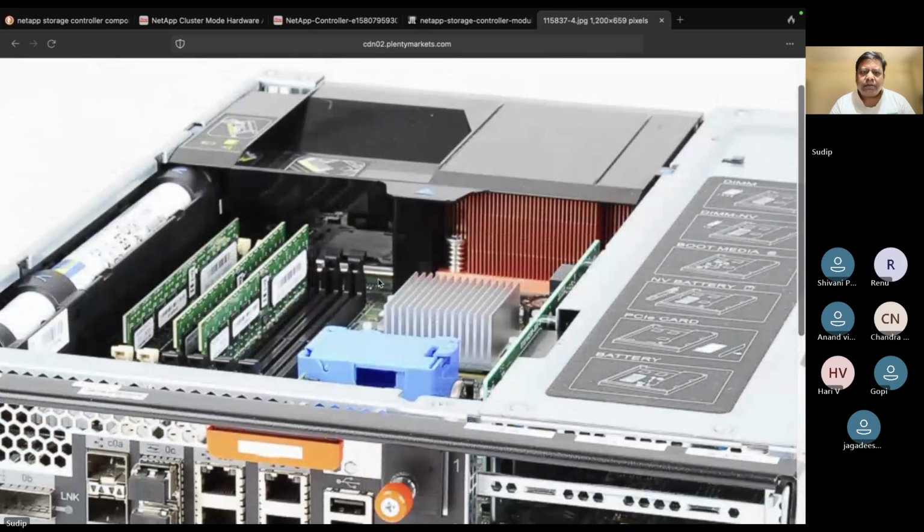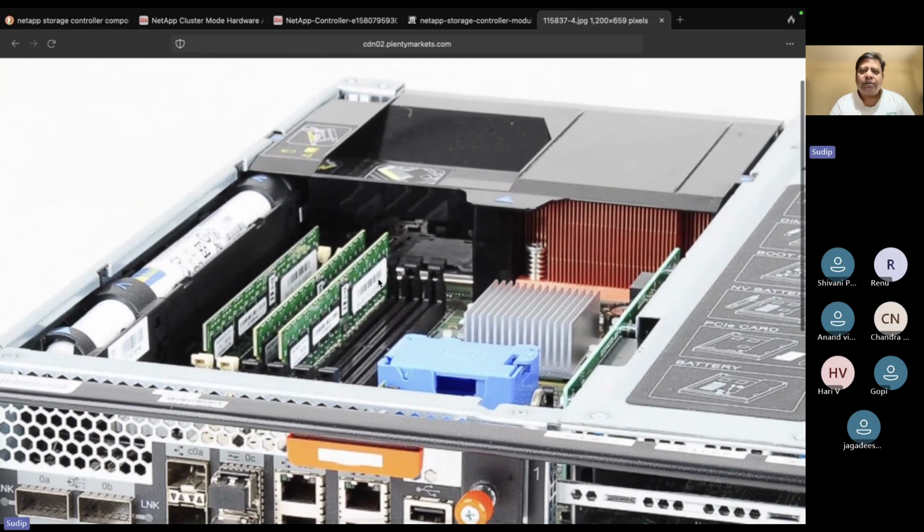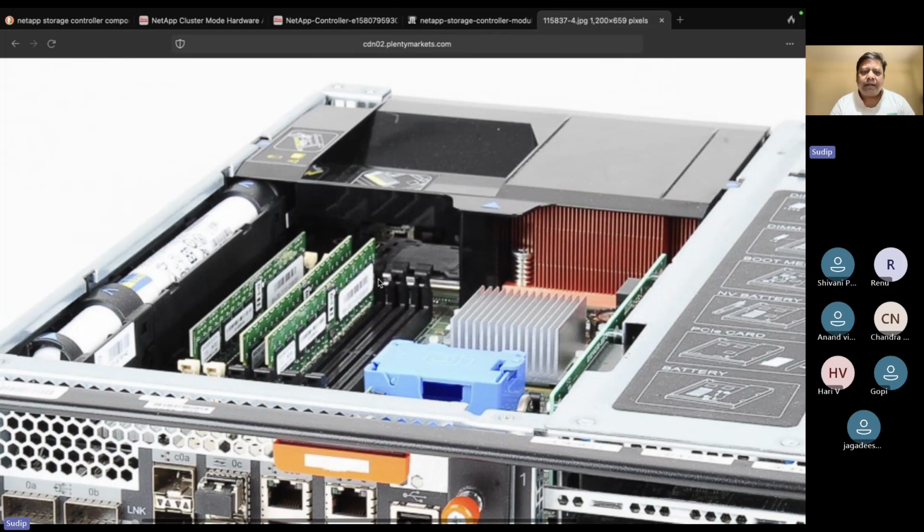So this is what will be there inside the storage controller of NetApp. These green color chips that you see, these are RAM, high speed non-volatile RAM. This heat sink that you see here is the CPU, and this long tube-like thing is the battery for the RAM, and hence this becomes the non-volatile RAM.